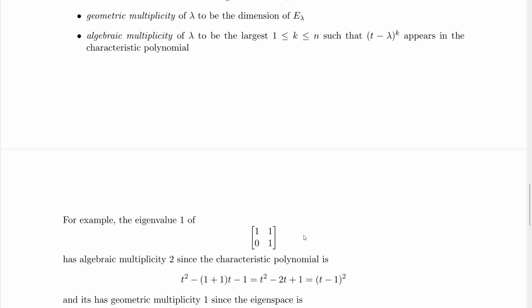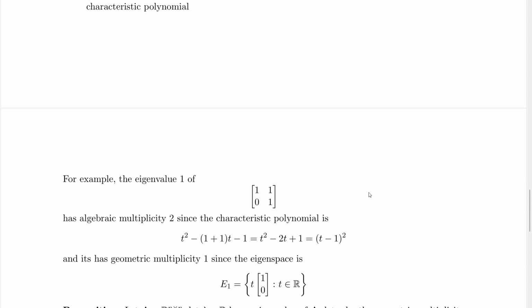Right, and one of the reasons this matrix is a bit of a bastard is that it has an eigenvalue of 1. The algebraic multiplicity is in fact 2, because the characteristic polynomial is t minus 1 quantity squared. So its algebraic multiplicity is 2, the only eigenvalue you can ever find is 1, but the eigenspace associated with this is going to be just one-dimensional, right?